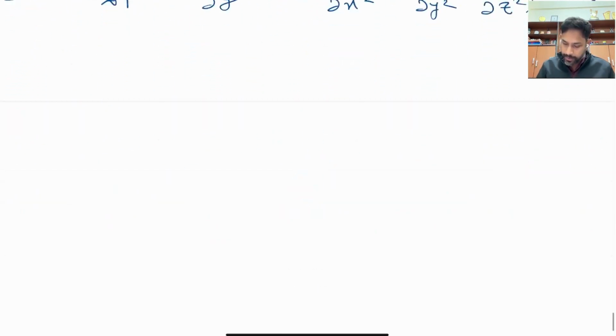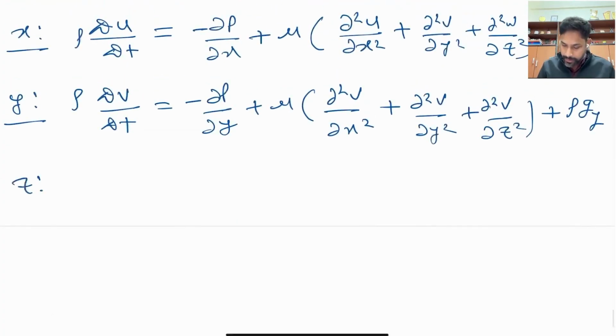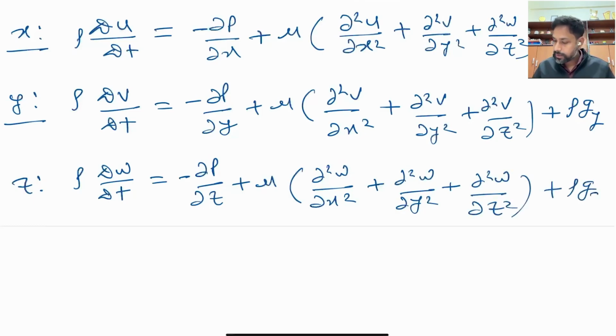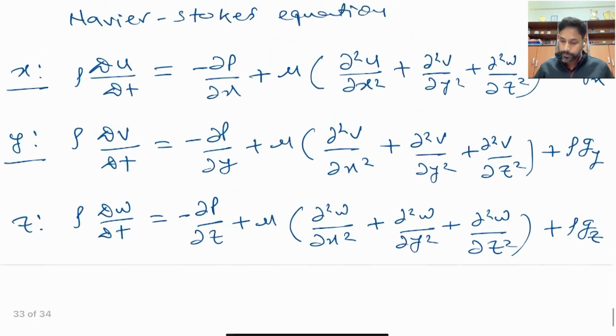And then in the z direction, the same can be written as D w by dt is equal to minus dp by dz plus mu times d square w by dx square plus d square w by dy square plus d square w by dz square plus rho gz.